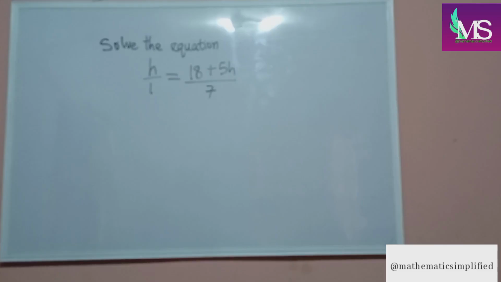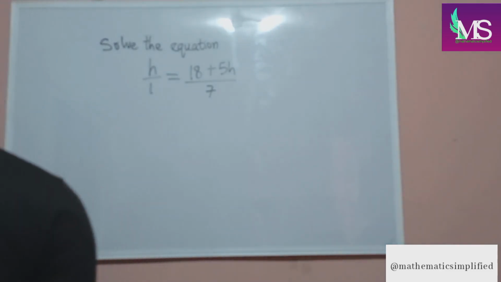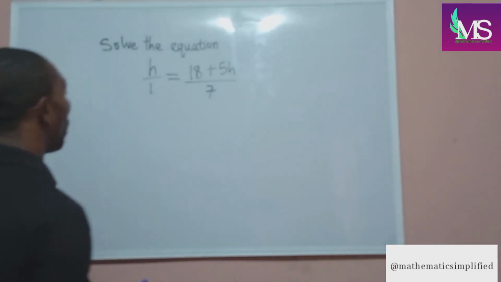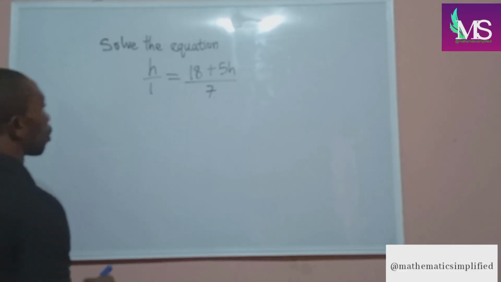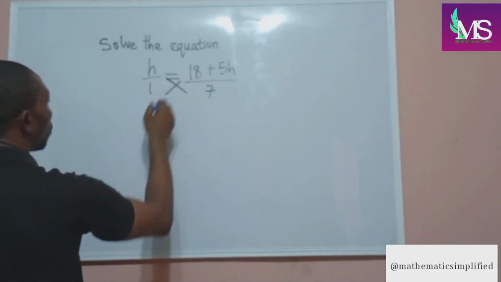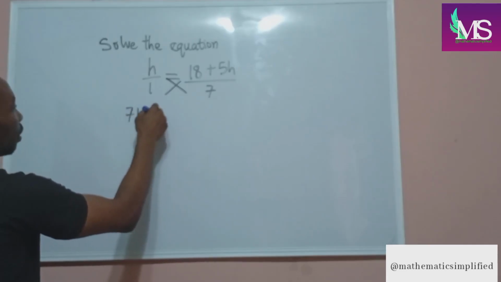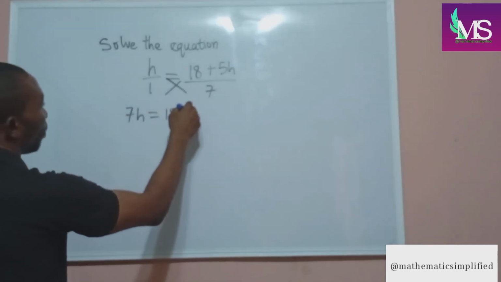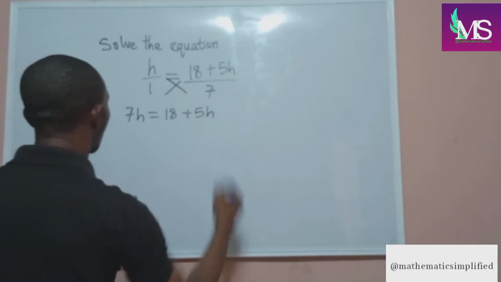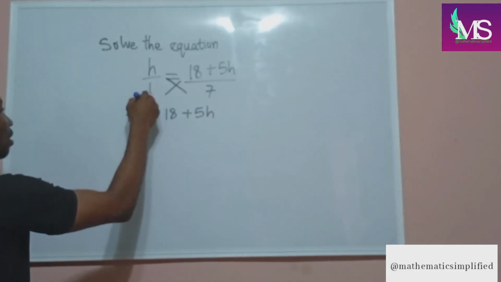Our next question says, solve the equation h over 1 equals 18 plus 5h over 7. Now in this, our first step is to cross multiply. So when we cross multiply, we have 7h equals 18 plus 5h.